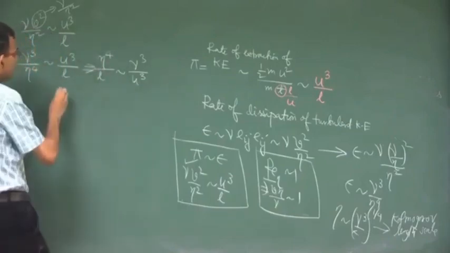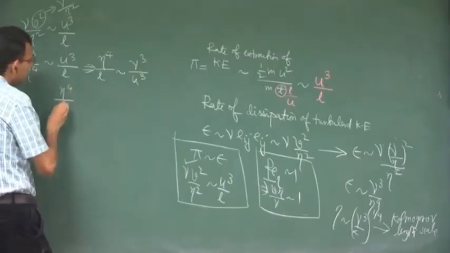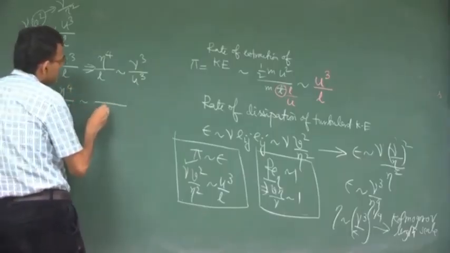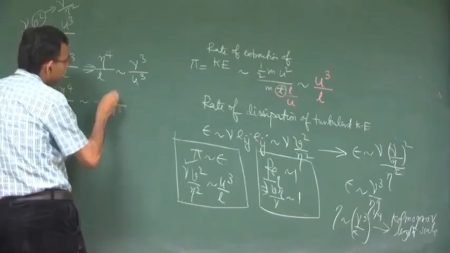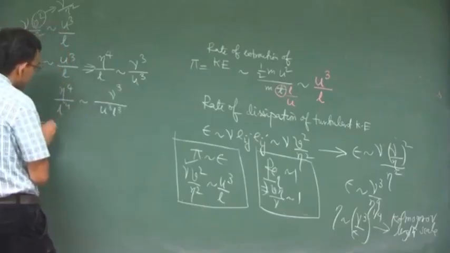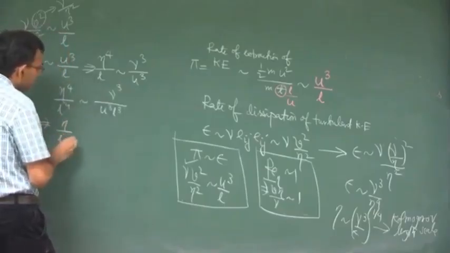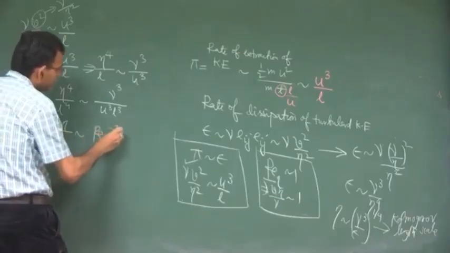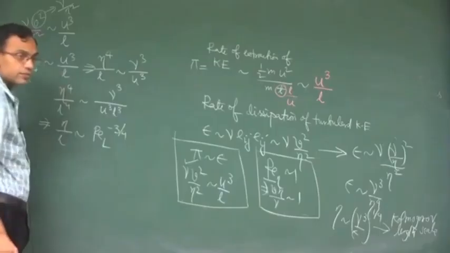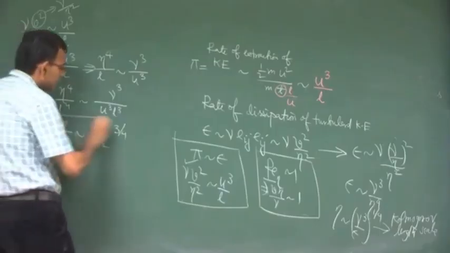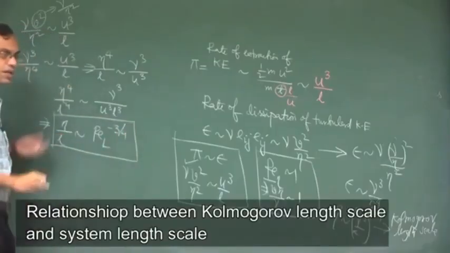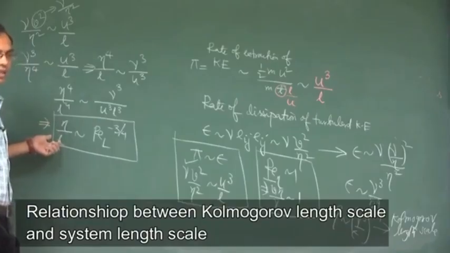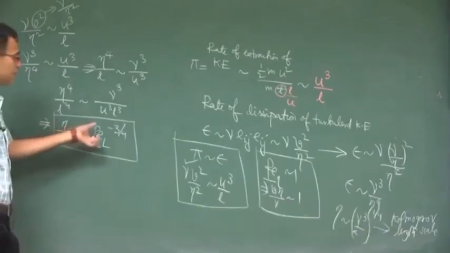So, eta 4 by L 4 is of the order of u cube L cube by nu cube. That means eta by L is of the order of Reynolds number to the power minus 3 by 4. So, this is the relationship between the smallest eddy length scale and the largest eddy length scale, and this can be expressed as a function of the Reynolds number.